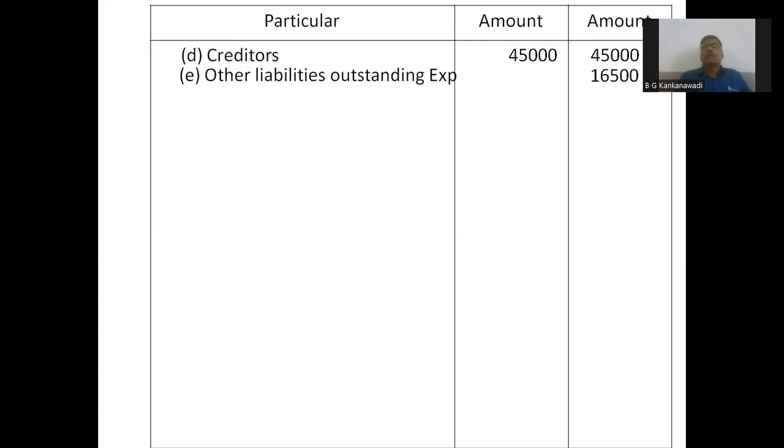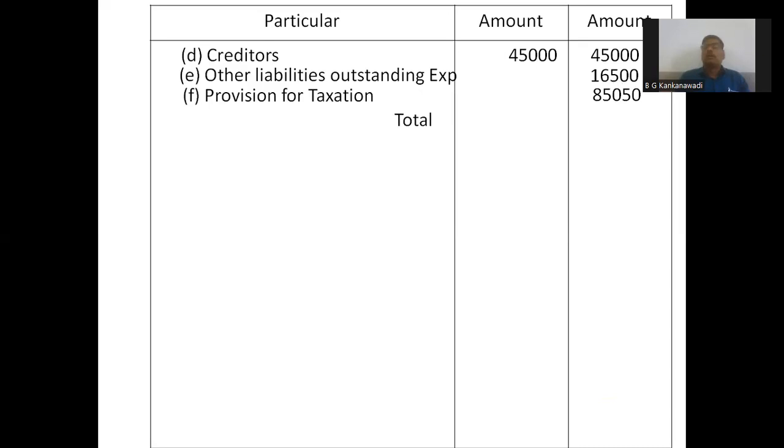I have taken the total as one item. Outstanding one item as 16,500. The next is provision for tax, 85,050. This comes as per your income statement.